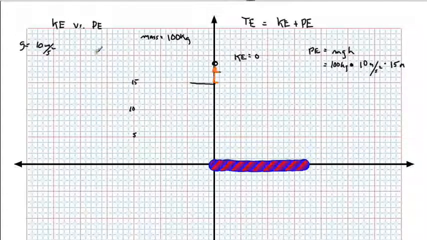I'm going to write all the units first, and then I'm going to simplify it. 15,000 is our answer. Kilograms meters squared per second squared, or 15,000 joules. And I can use a simple J for joules.